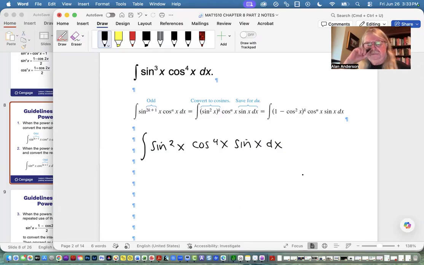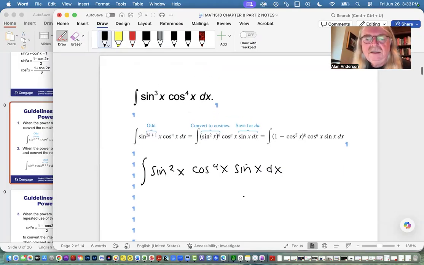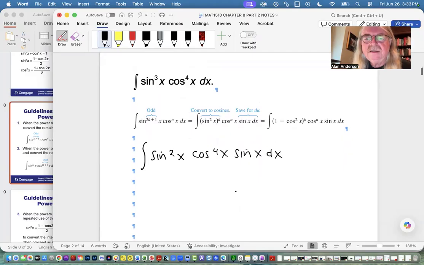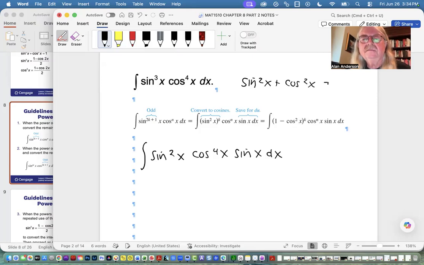And by the way, this is going to require one of the Pythagorean identities. Namely, they're going to have us get rid of the sine squared x so that when we're done, we have only cosines except for this piece here.